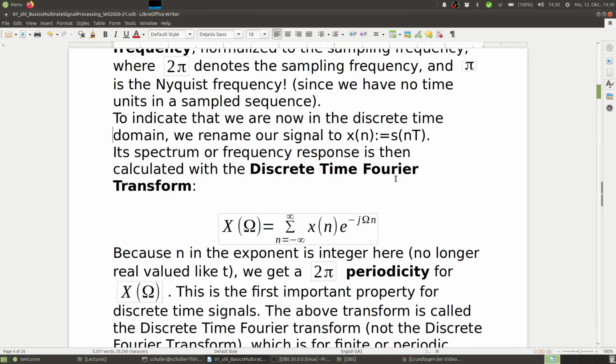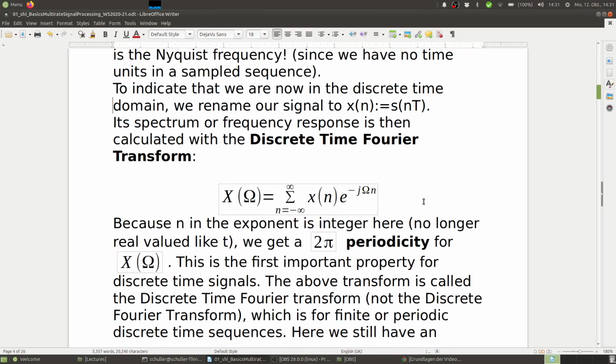And the discrete time Fourier transform basically looks like what we derived before, except that we now can replace lowercase omega divided by fs with this capital Omega. Same here, we replace this lowercase omega by the normalized frequency capital Omega. And then the sum stays the same, basically. So this is the resulting discrete time Fourier transform.